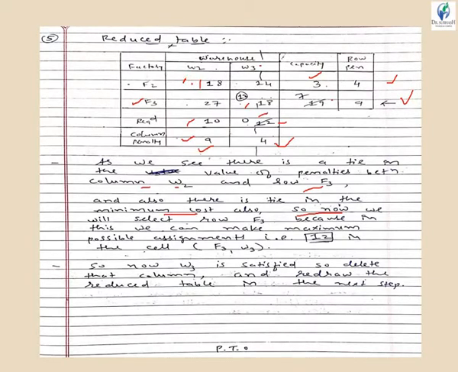So in this case you will have to select the cell in which you can do the maximum allocation. So now we will select row F3, because here we can make the maximum possible assignment, and that is 12. If you had gone with this, you could only do 3 allocation.